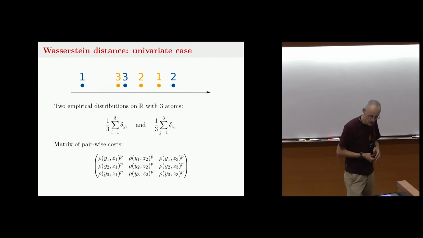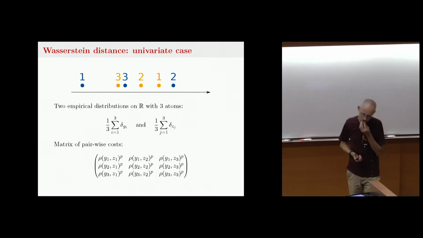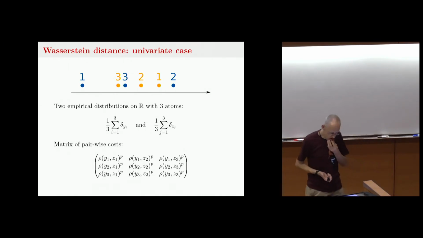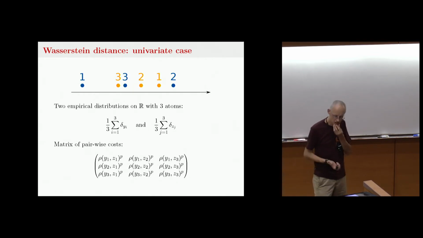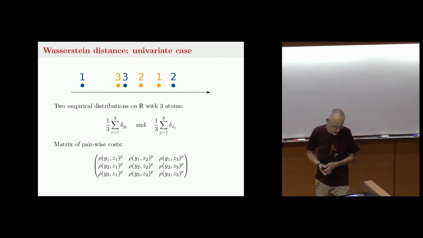So one illustration, again in a very, very toyish situation, is, say, you take three atoms for two distributions. So you have y1, y2, y3, and z1, z2, z3 that are at those locations on the real line.